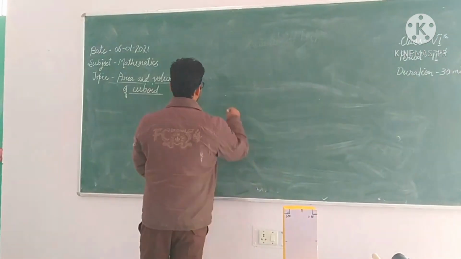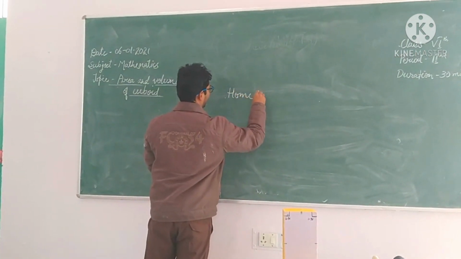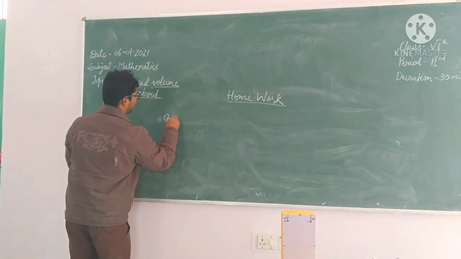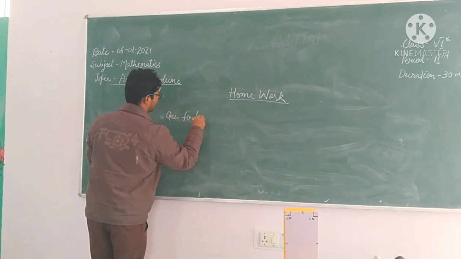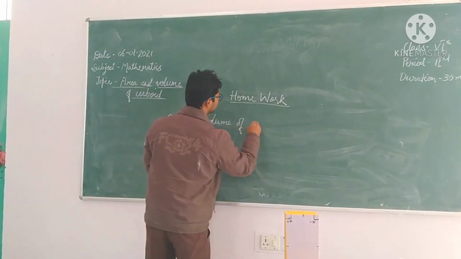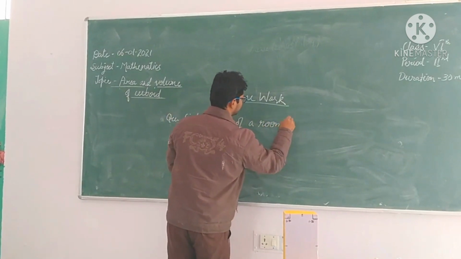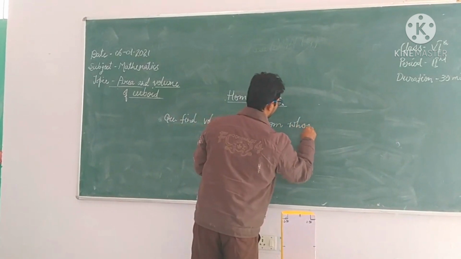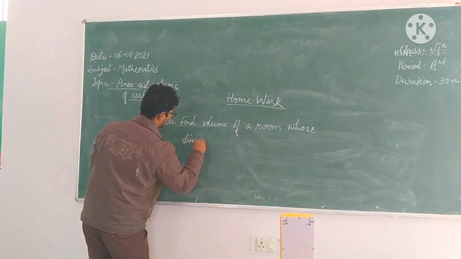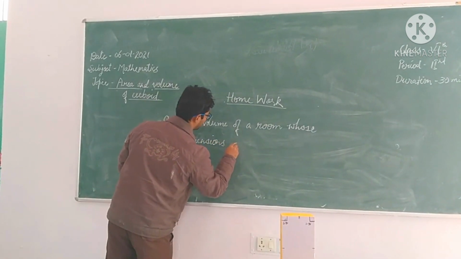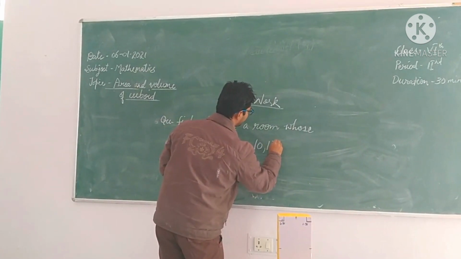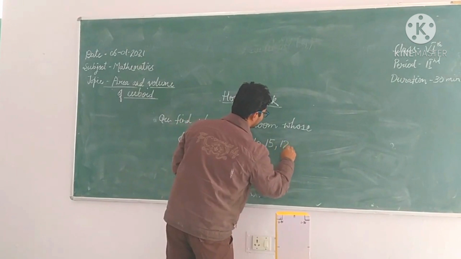Your homework is: find the volume of a room whose dimensions are 10 feet, 15 feet and 12 feet.